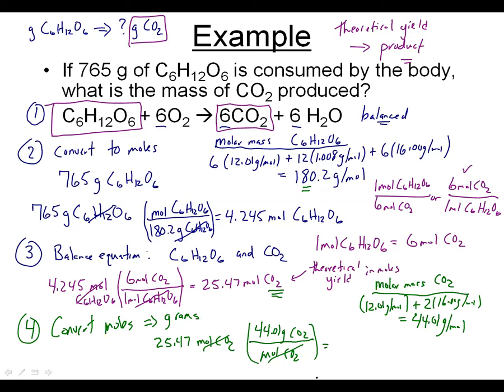And we got 1121 grams of CO2. So now let's talk about significant figures. The only number in this entire problem was pretty much this one, and this number has 3 significant figures, which means when it's said and done, this number here should technically end up at 1120 grams of CO2, which would be our 3 significant figures.